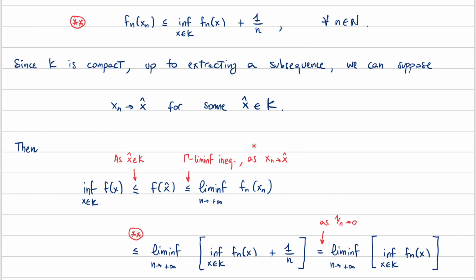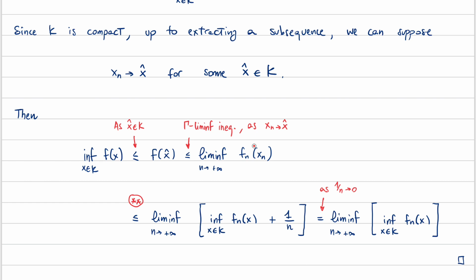And therefore, we have the final estimate. So, the infimum of f of x over K is obviously less or equal than f of x̂, because x̂ belongs to K. And this, by the gamma lim-inf inequality, since xn converges to x̂, is less or equal than the lim-inf as n goes to plus infinity of fn of xn.